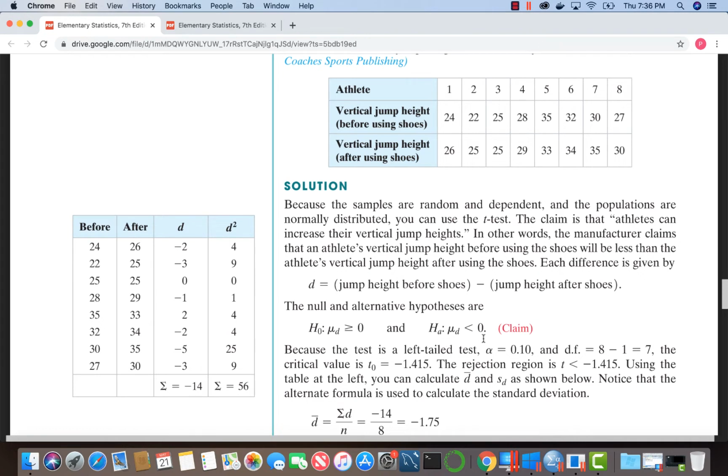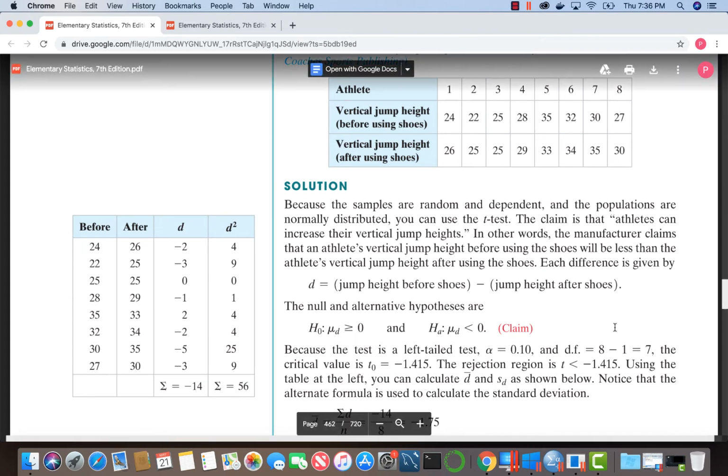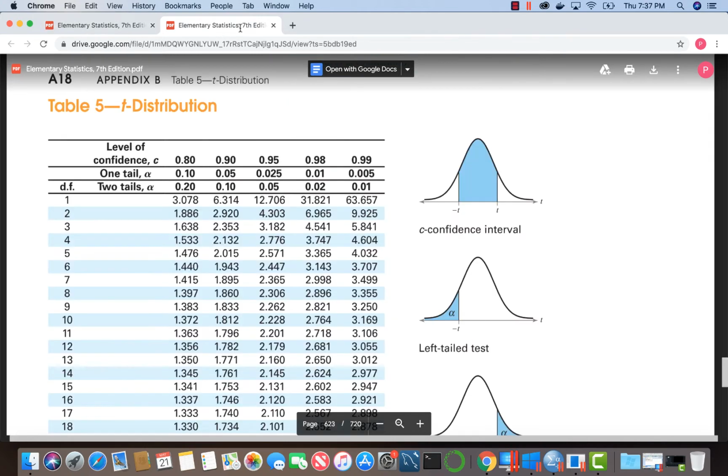So it would be the alternative hypothesis, that's the claim, because this implies that the difference is negative. The null hypothesis will be that the difference is greater than or equal to 0. Now the degrees of freedom is 7 because we do n minus 1. Alpha's 0.10. So let's go to our t-distribution.